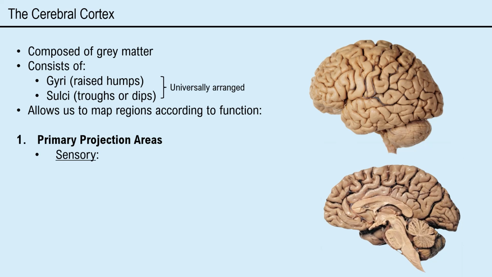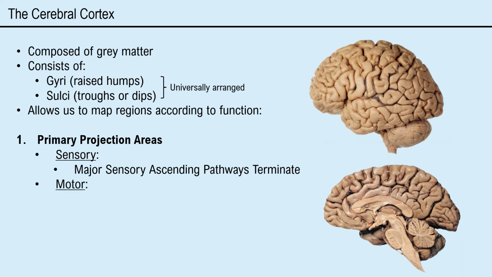So if you stub your toe, your sensory neurons will detect the stimulus, transmit this information by ascending up the spinal cord, and distribute this information to the primary sensory area of the cortex, where it is processed and determined to be painful. On the contrary, motor pathways begin in the primary projection area and descend.